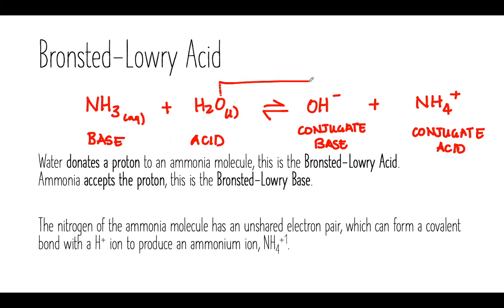So now I have two different conjugate acid-base pairs. So just to explain what's happening in that reaction mechanism, the nitrogen of that ammonia molecule has an unshared electron pair. We saw that. And this is what forms that bond with the H+ ion, which is the proton, to produce ammonium, which is NH4+.